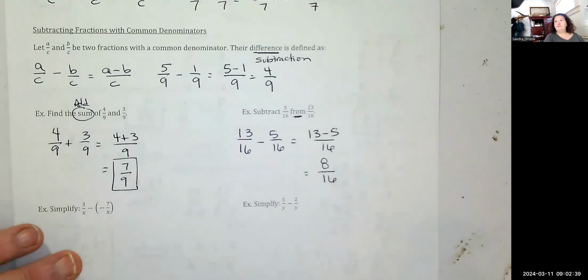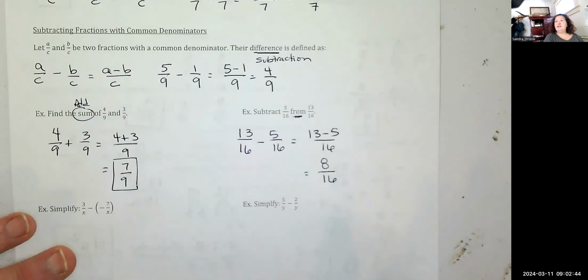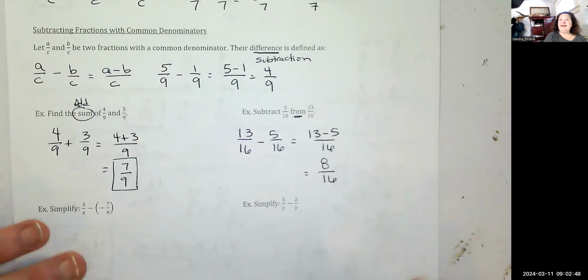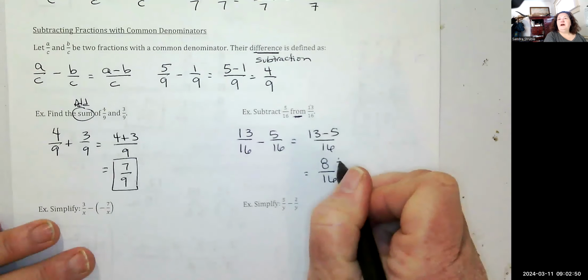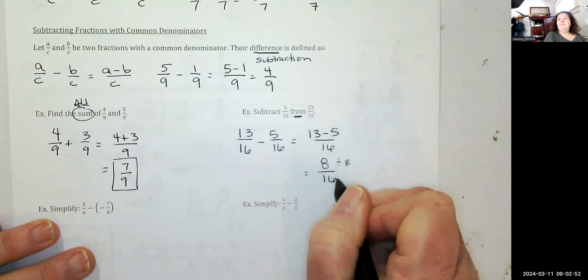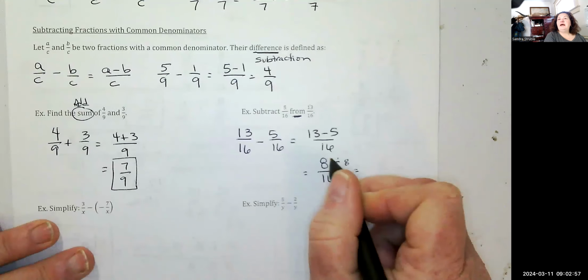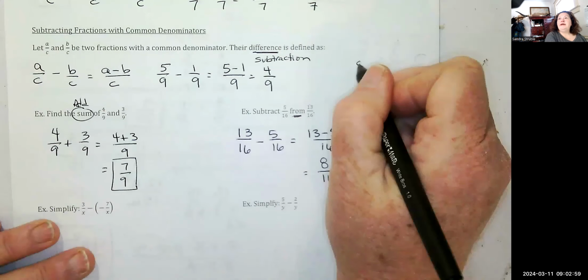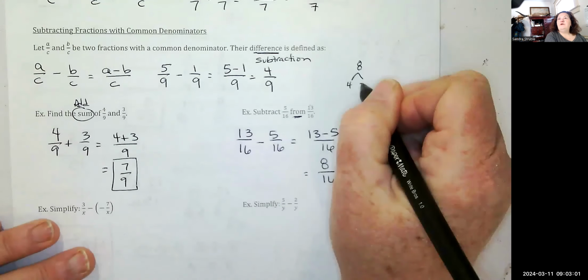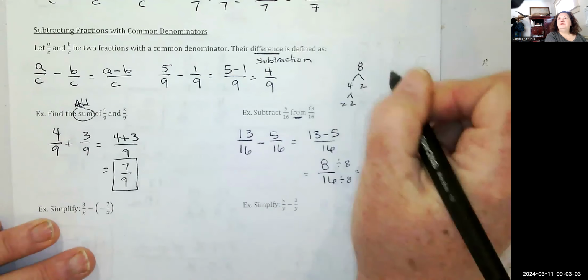Okay. 8 over 16 is reducible. They're both divisible by 2, by 4, and by 8. So I'm going to divide both of these by 8 to reduce them. If you don't remember how to tell if they're reducible, create your tree. 8: 4 and 2, 2 and 2, 2.